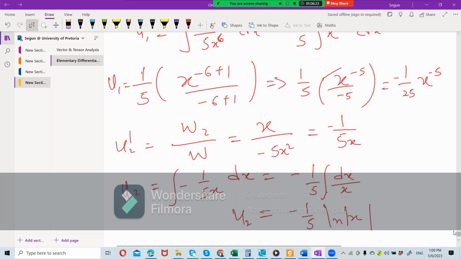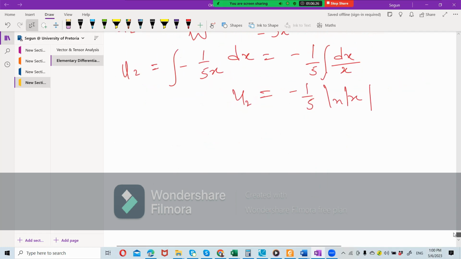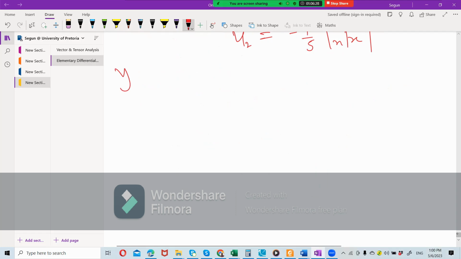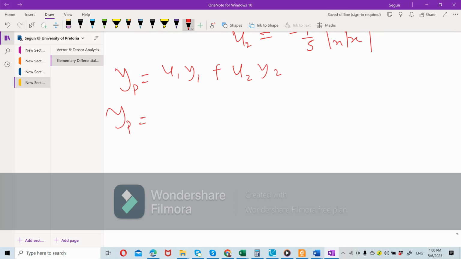I can write my yp now. My yp is the same thing as U1 y1 plus U2 y2. U1 is what, please? Negative 1 over 25x to the power 5. And y1 is what, please?